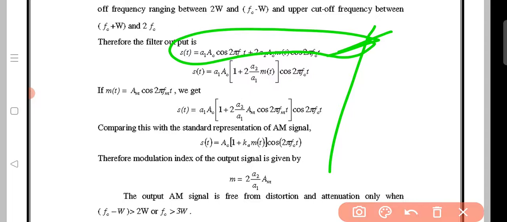In practical conditions, some components or some constants are also present. So don't worry about these components. The basic equation terms, meaning the carrier separately plus sidebands, are generated. These are very important in generation of amplitude modulation. I hope you understand this concept.